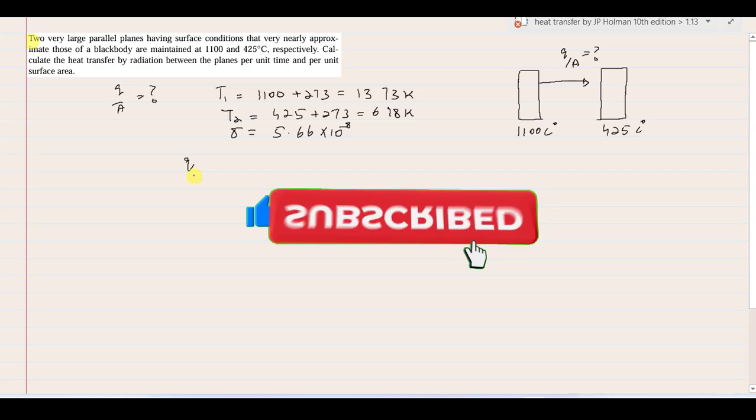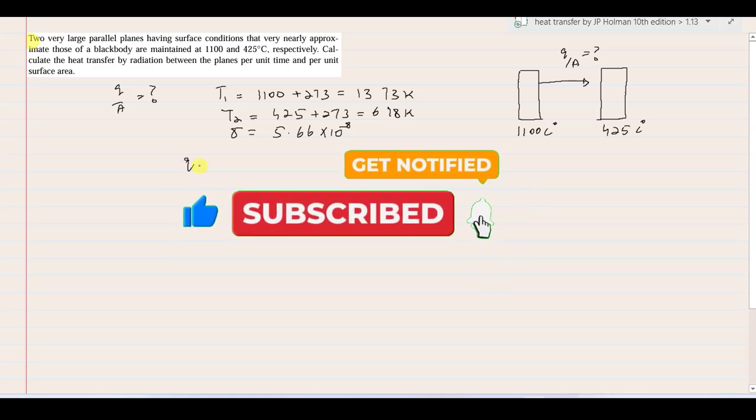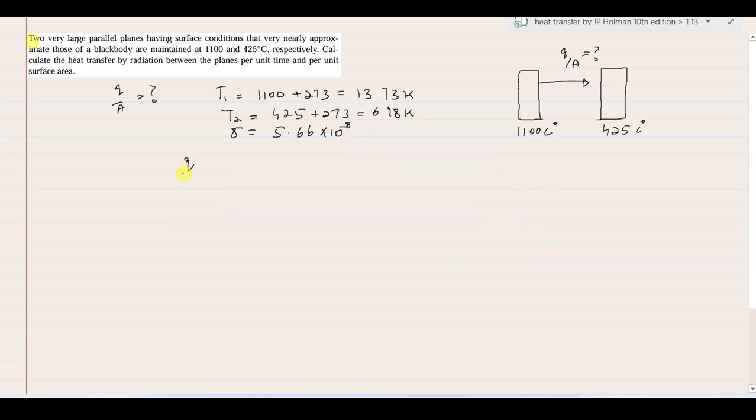From the Stefan-Boltzmann radiation law, heat transfer per unit area is equal to the Stefan-Boltzmann constant and the fourth power of the absolute temperatures. There are two temperatures, so we need to find the difference of T1 to the power 4 and T2 to the power 4.